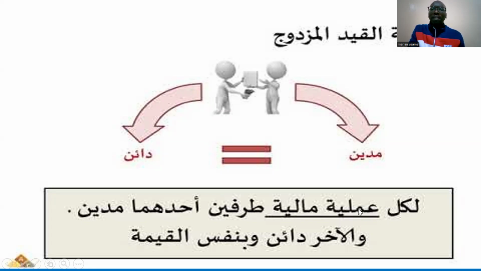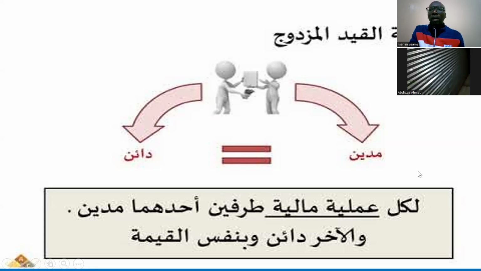So لكل عملية المالية طرفين أحدهما مدين والآخر دائن وبنفس القيمة. So if the Madin, for example, is $100, then also the Dain will also be affected by the same amount. So that is what is meant by بنفس القيمة.